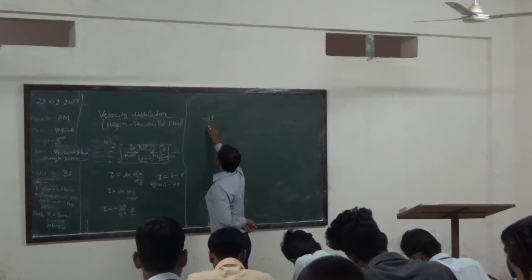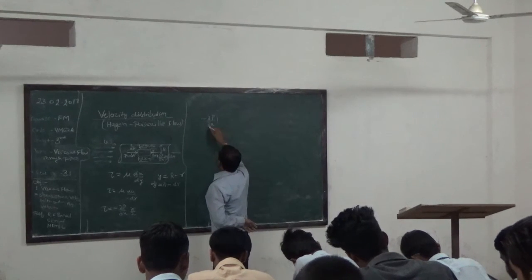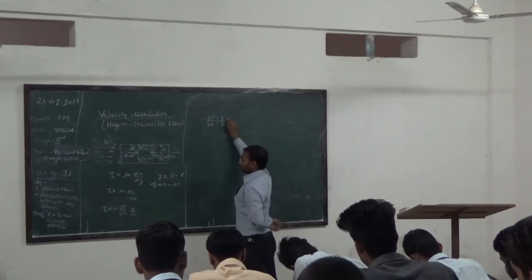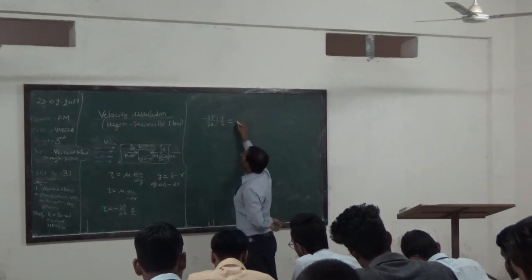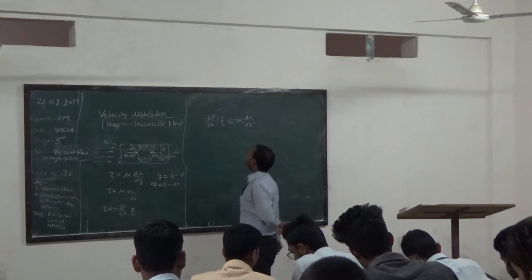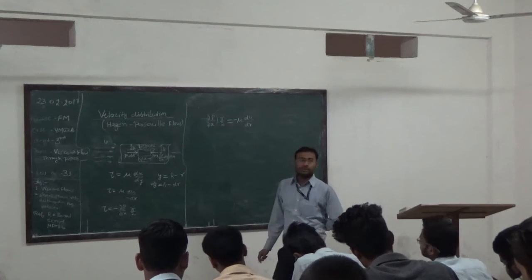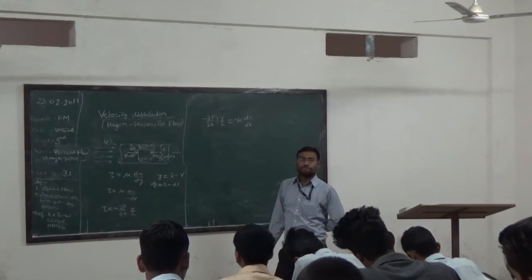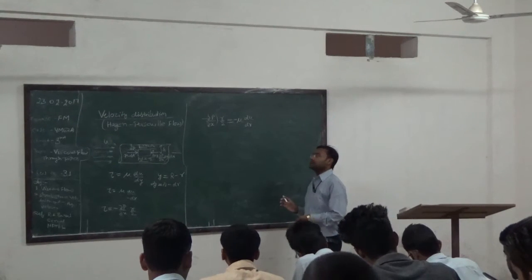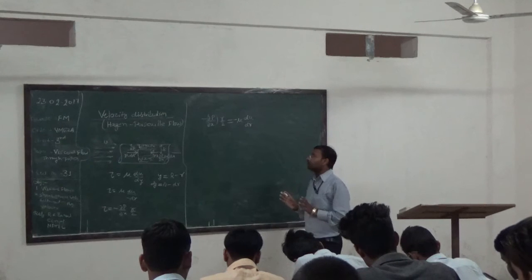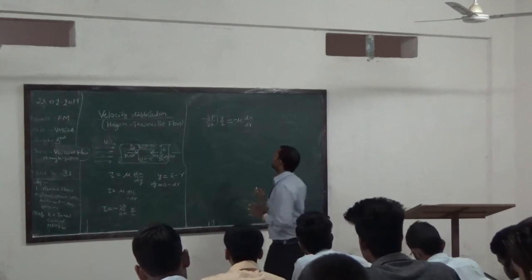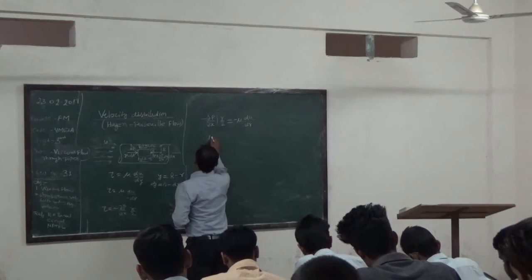We get minus del p by del x into r by 2 is equal to minus mu du by dr. Clear?